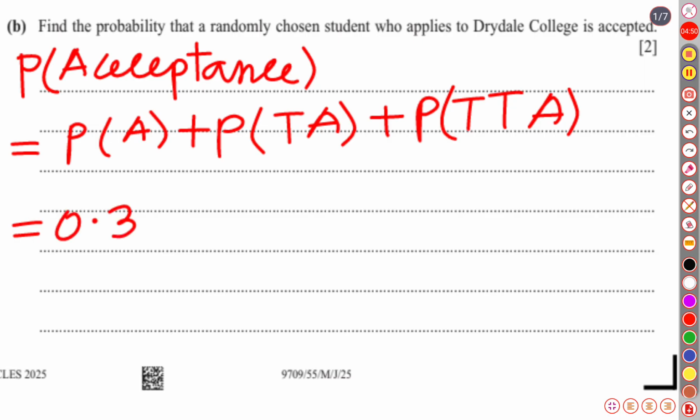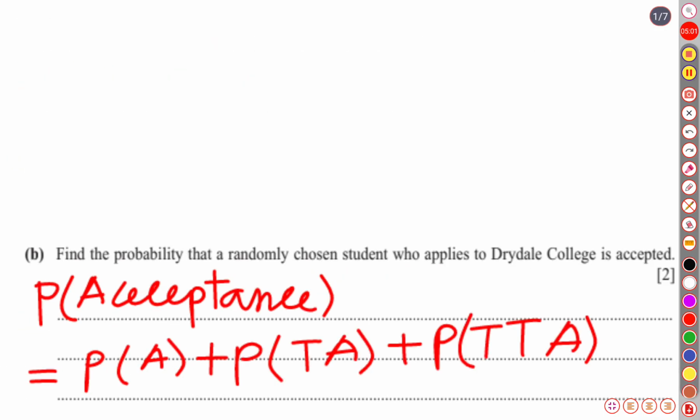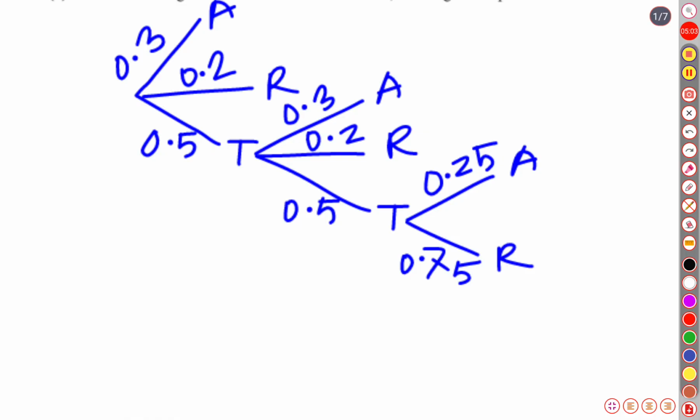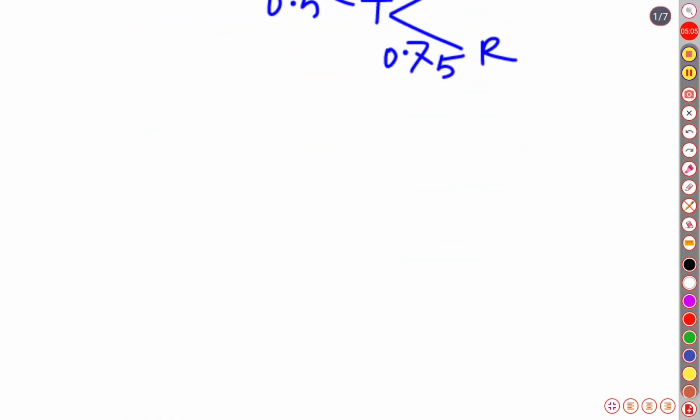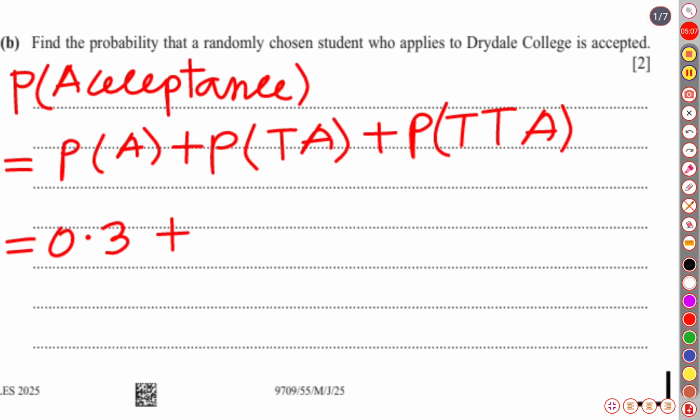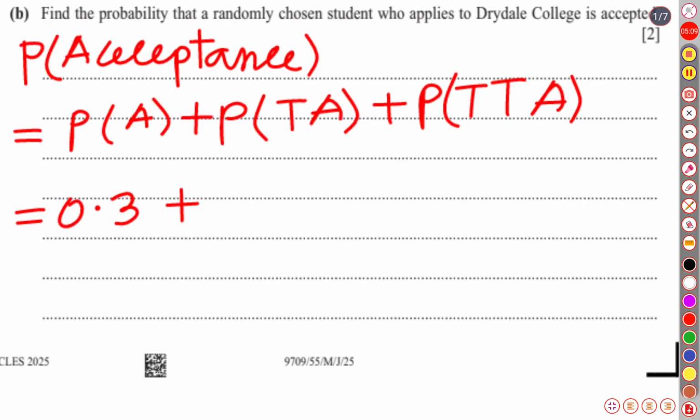First acceptance 0.3, or the first time he was required to take the second test, so the first retake was 0.5, but the second time he was accepted, with probability 0.3.